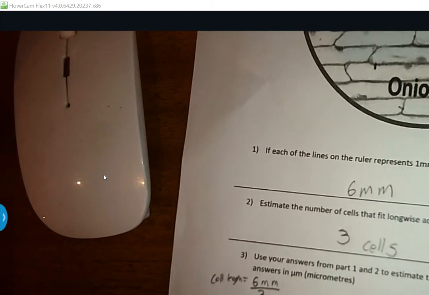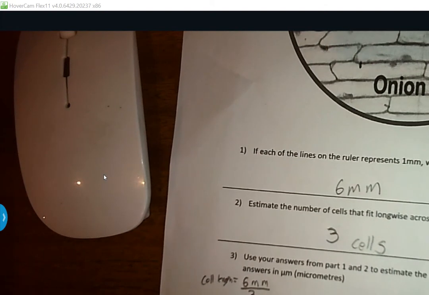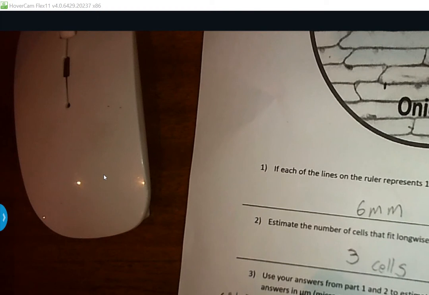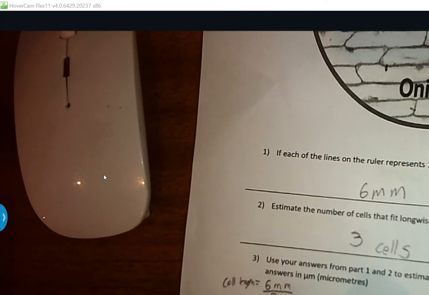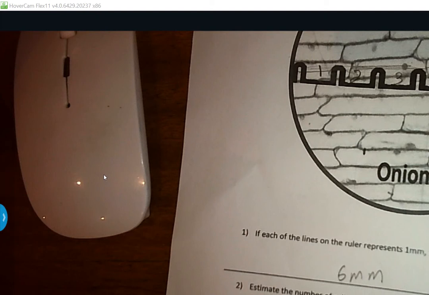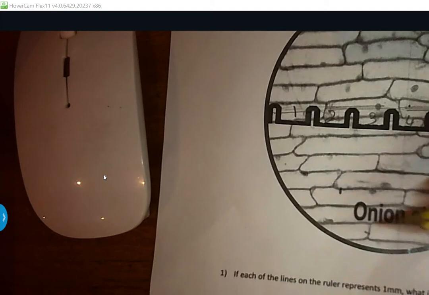Now, question 4. Estimate the width, shortwise, of the onion cell in micrometers. Okay? Once again, you need to follow the 3 steps. Step 1, figure out what the field diameter is. Oh, I know that already, so I can already write that. The field diameter equals 6 millimeters. Step 2, estimate the number of cells that will fit across the field diameter.